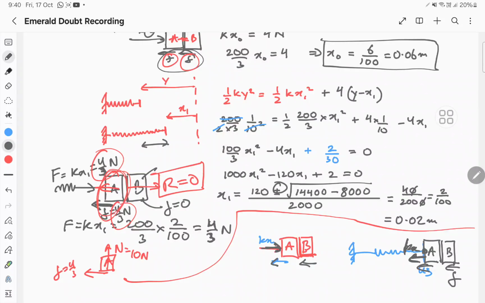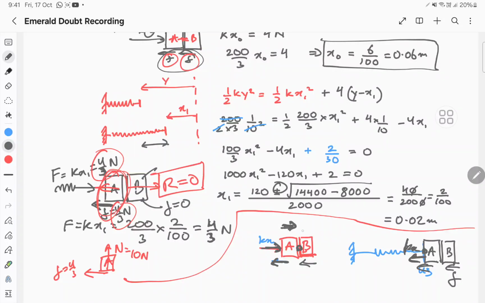So if the spring is pushing, and if I study A alone, I assume there is no action reaction over here, then A has got a greater acceleration than B, because it has got kx force forward.